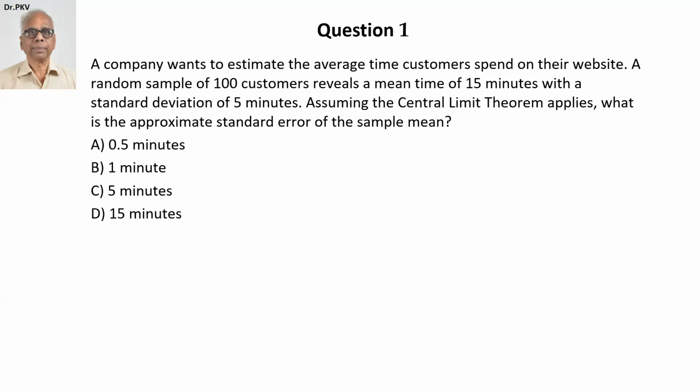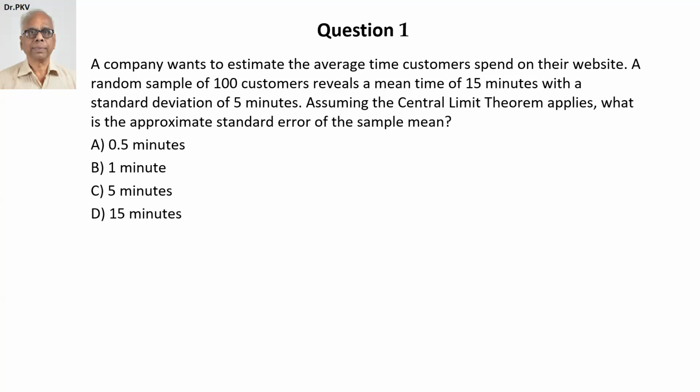Question 1. A company wants to estimate the average time customers spend on their website. A random sample of 100 customers reveals a mean time of 15 minutes with a standard deviation of 5 minutes. Assuming the central limit theorem applies, what is the approximate standard error of the sample mean?